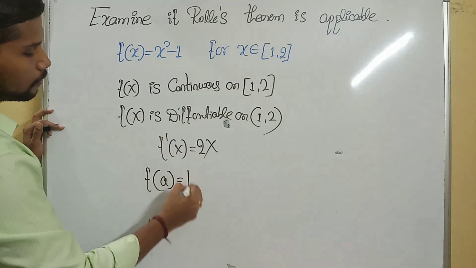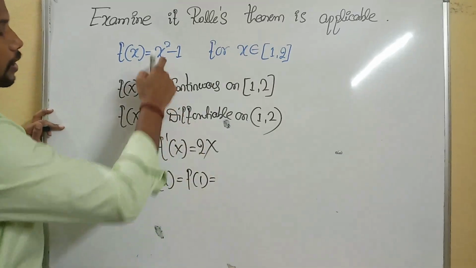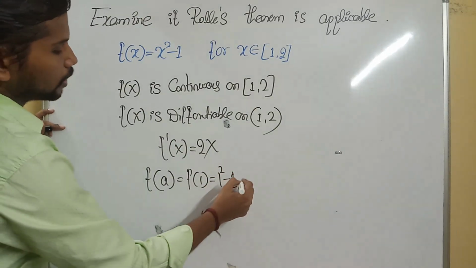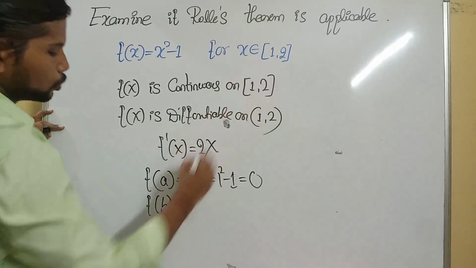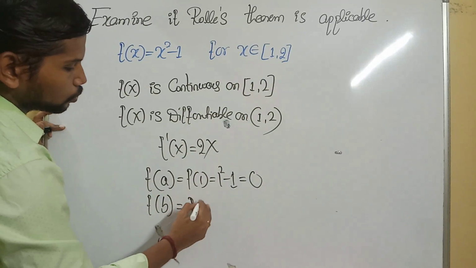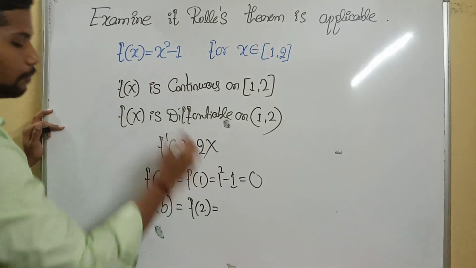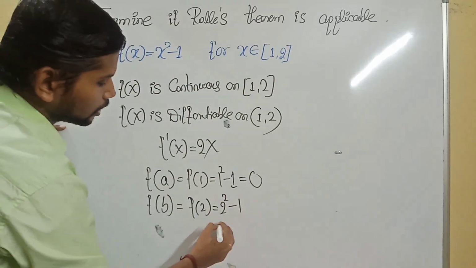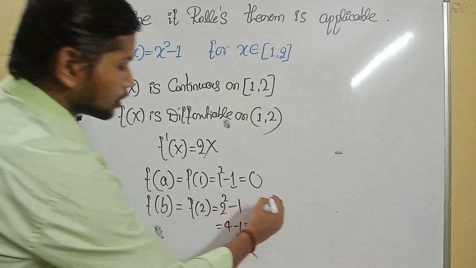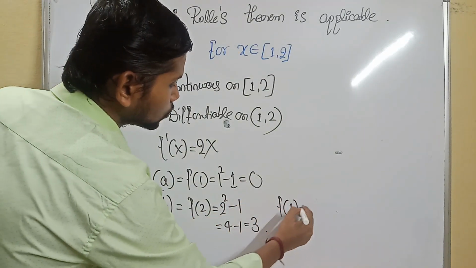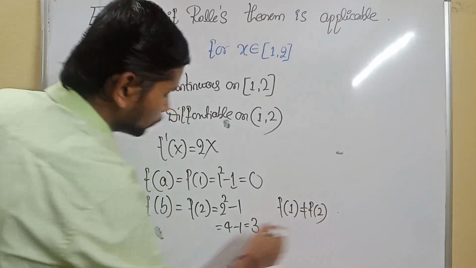F of a will be f of 1. What is f of 1? It is 1 square minus 1, will be 0. F of b value will be f of 2. It means what I write the x value? 2 square minus 1, it will be 4 minus 1, it will be 3. Got it? Means f of 1 is not equal to f of 2.